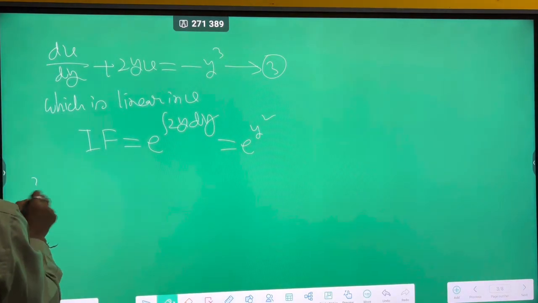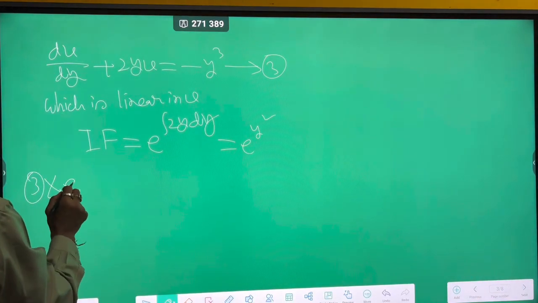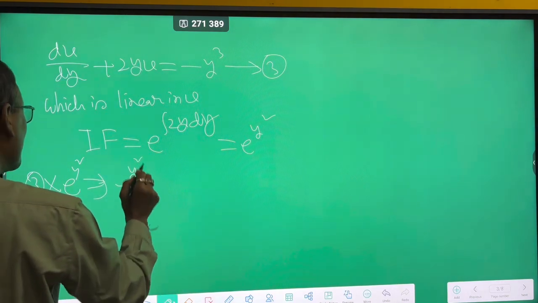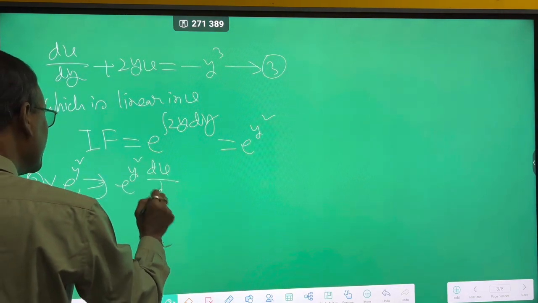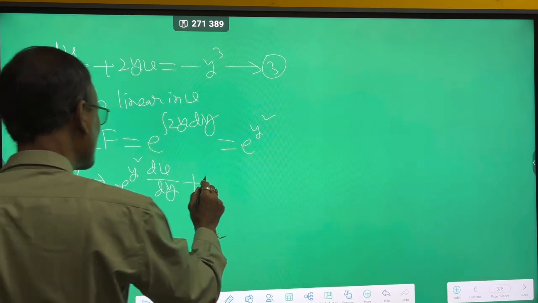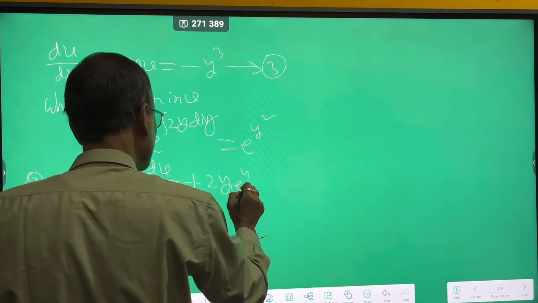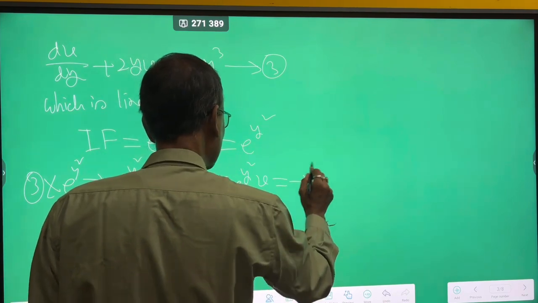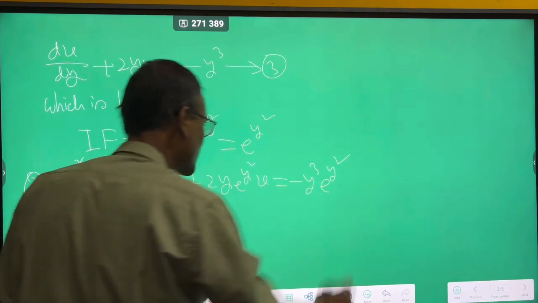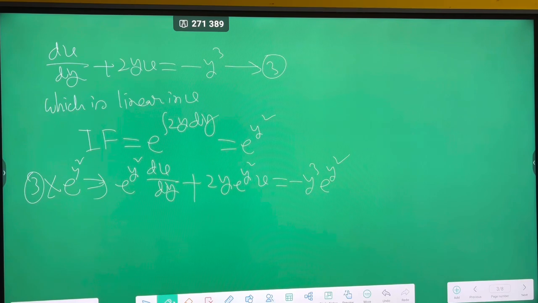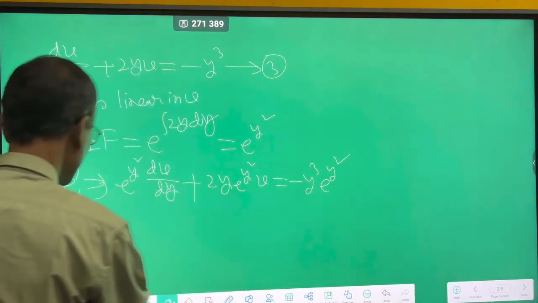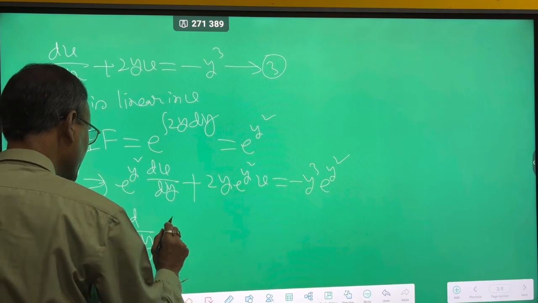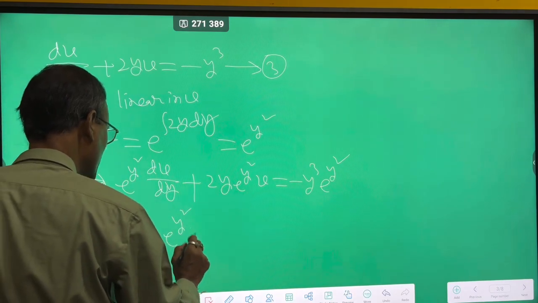Integrating factor. Multiplying by e to the power y square implies e to the power y square dv by dy plus twice y e to the power y square v equal to minus y cube e to the power y square. Or d dy of e to the power y square v.